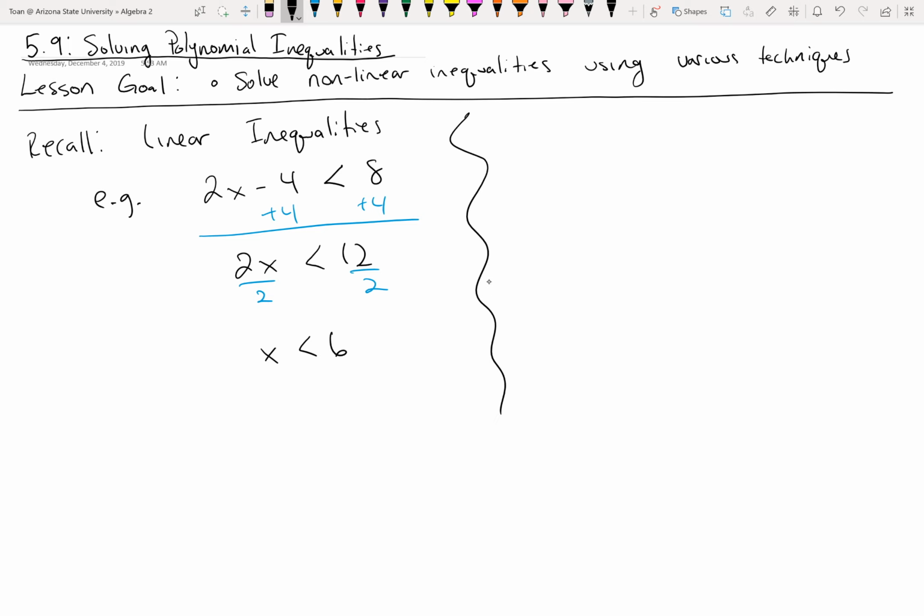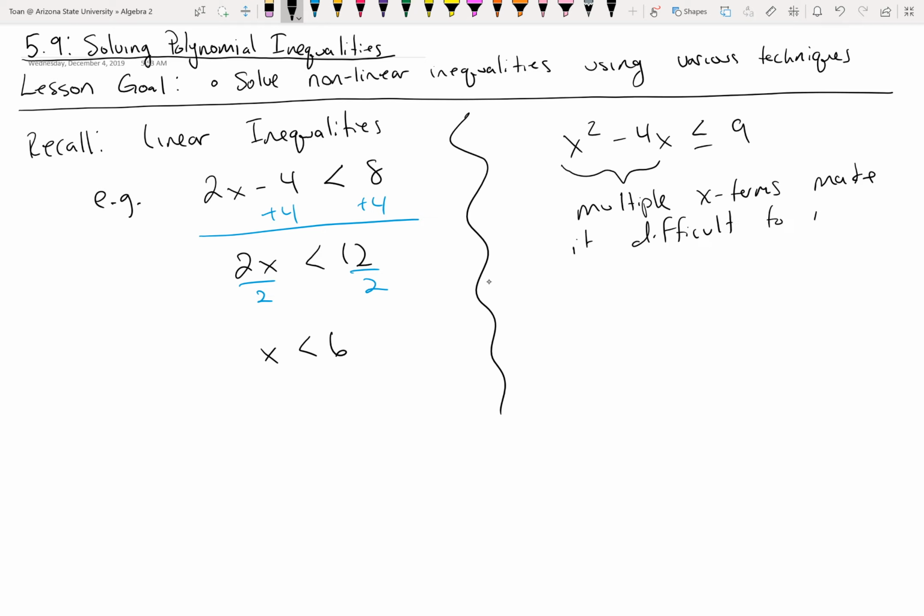So if I had something like this, x squared minus 4x is less than or equal to 9, because you have multiple x terms, that makes it difficult to isolate using only inverse operations. So this is our dilemma, okay? How are we supposed to solve for x in an inequality if we have multiple x terms?